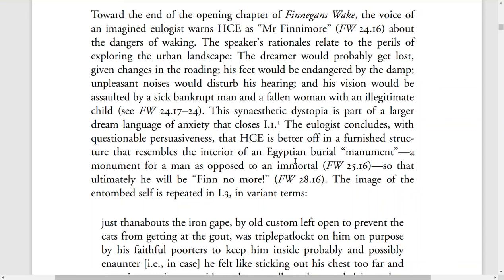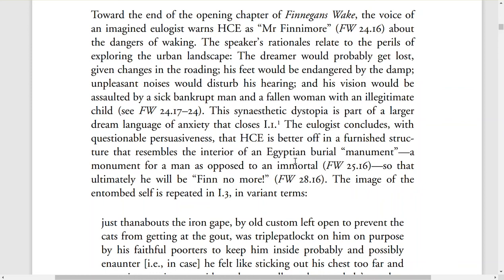And he says, okay, if that's a dystopia, that is part of a larger dream language of anxiety that closes chapter 1. You see, this short sentence is expanding the observation. The eulogist concludes with questionable persuasiveness that HCE is better off in a furnished structure that resembles the interior of an Egyptian burial monument, a monument for a man as opposed to an immortal, so that ultimately he will be Finn no more, Mr. Finnemore.